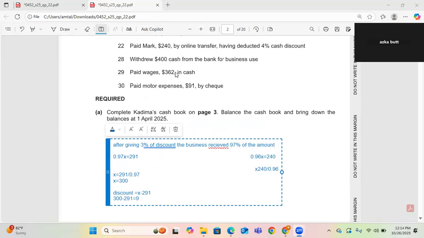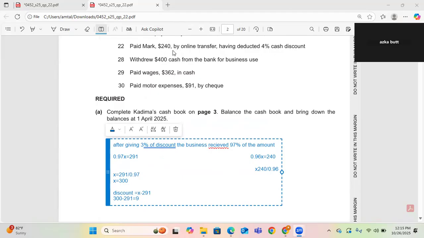As you can see, we paid Mark $240 by online transfer, having deducted the 4% cash discount. So we don't know what the original amount is. After deducting the 4% cash discount, the amount we are getting is 240.